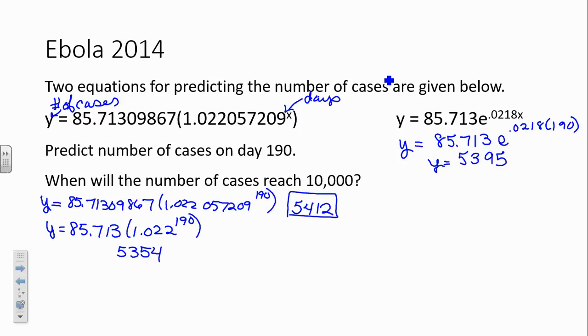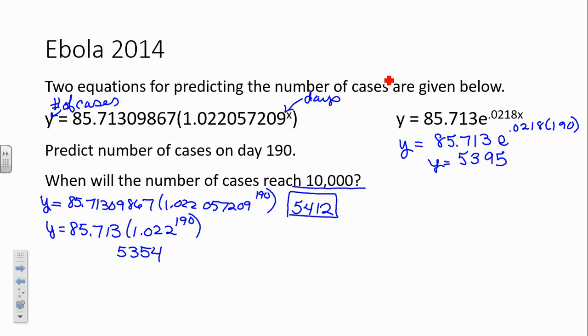That's the easy part, just plugging in a number for x and evaluating. But what about the second piece? When will each of them reach 10,000 cases, on what day? How do we solve that? Now we have our y, and we need to figure out our x.